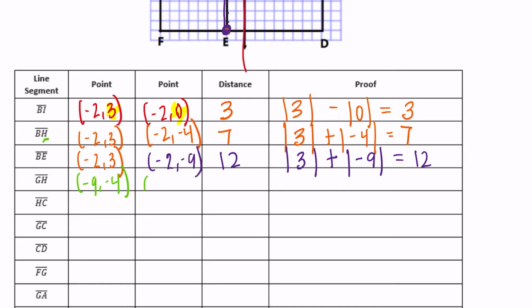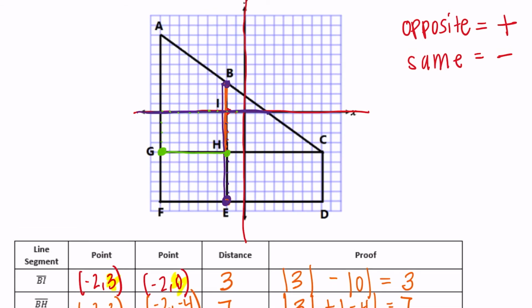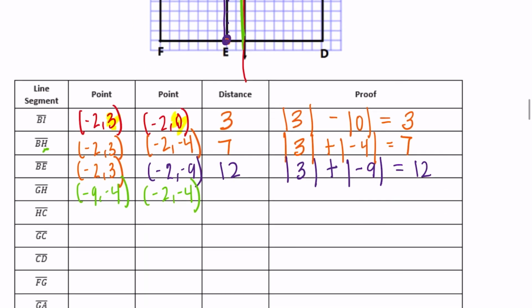So the second one, -2, -4. And let's look at GH. Are they on opposite sides of 0 or the same? They are on the same side, because here's where they would cross 0. It does not cross. So they are on the same side, meaning we're going to subtract. So absolute value of -9 minus the absolute value of -2. 9 minus 2 is 7. Their distance is 7.